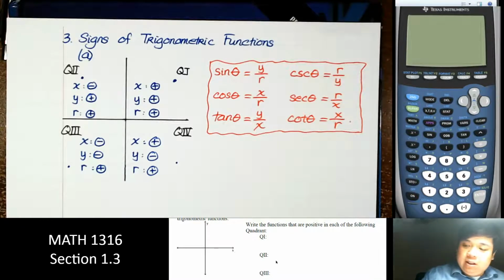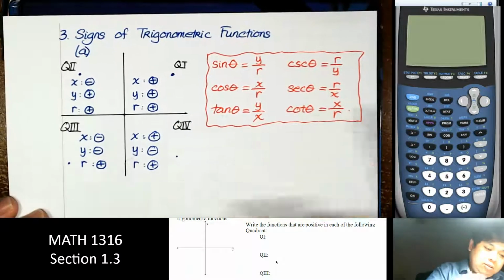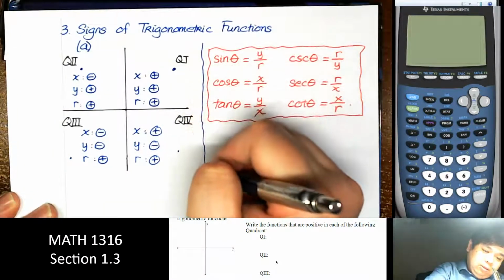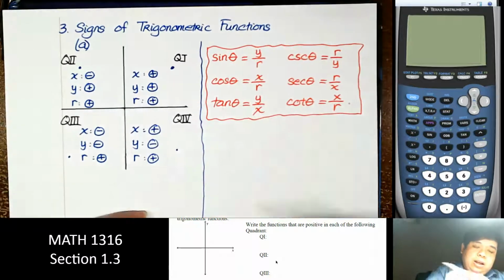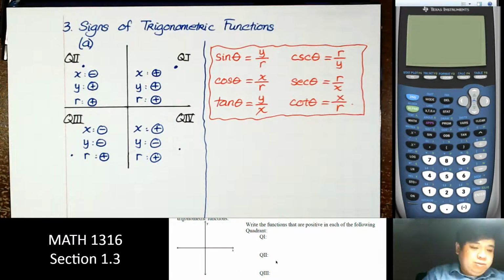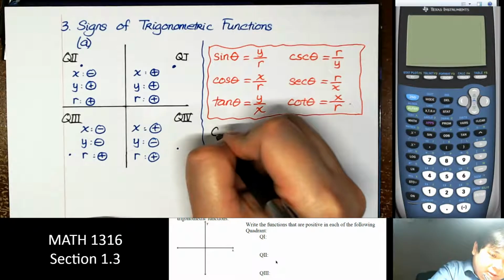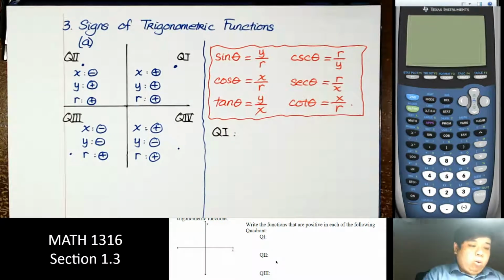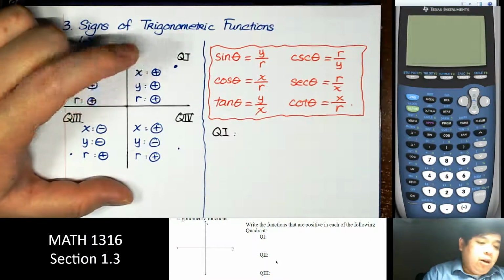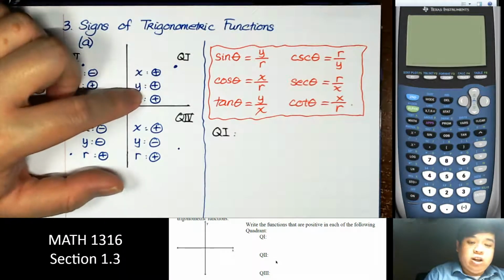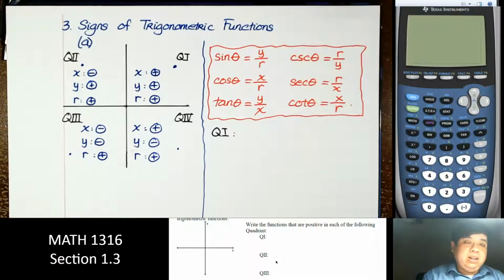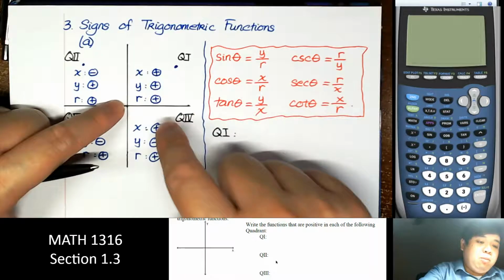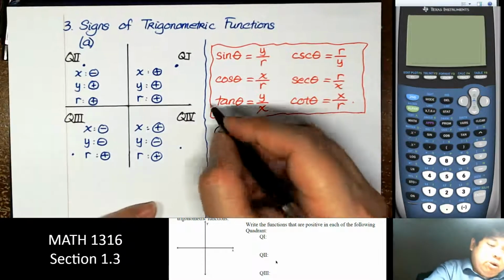Now, with that, if we are in quadrant 1, x is positive, y is positive, r is positive, meaning all of them are positive, right? If all of them are positive, we take any two of them, positive divided by positive, so it's going to be positive.